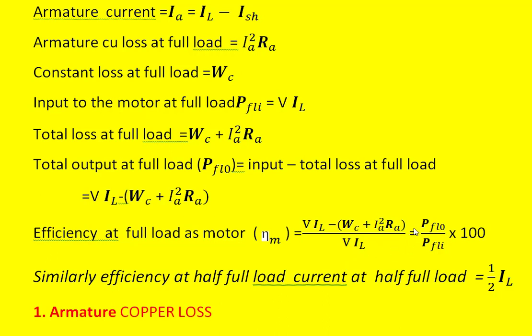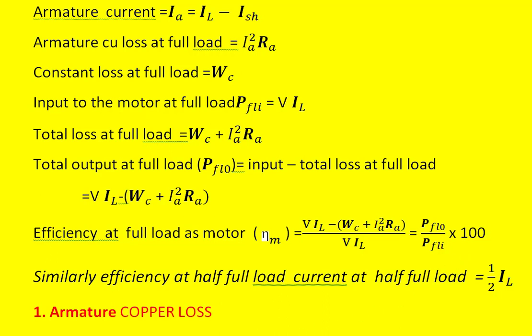This output power at full load we can represent as PFLO, and the input power we represent as PFLI. If you want the percentage, multiply with 100. This is how we calculate the efficiency of the DC motor when it takes the full load current.